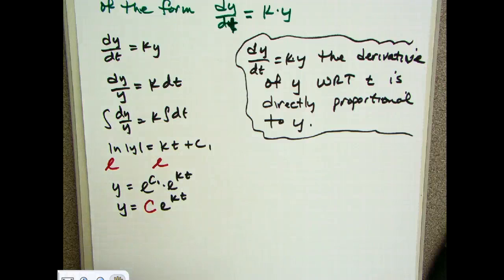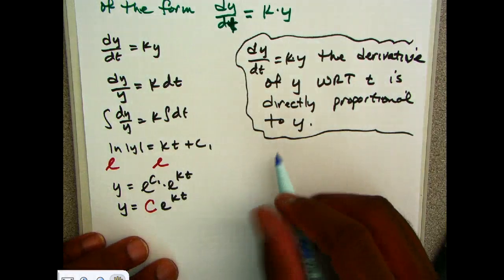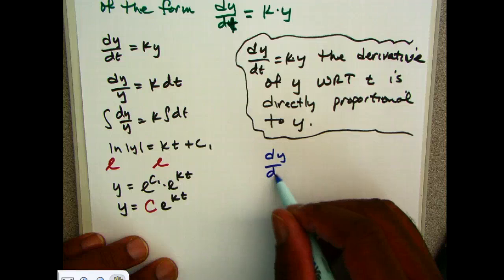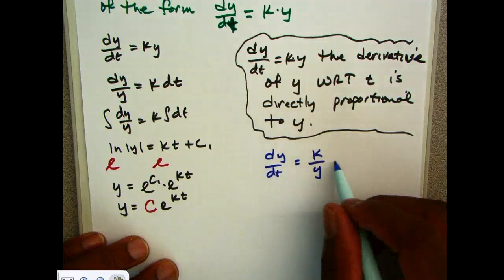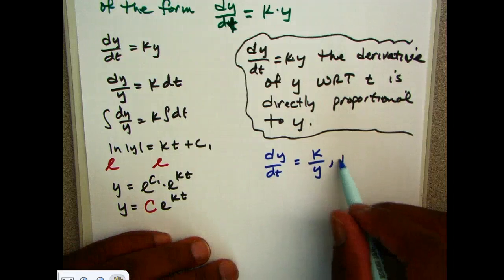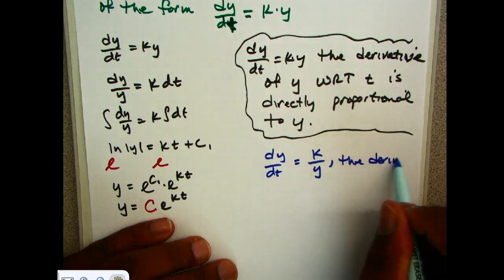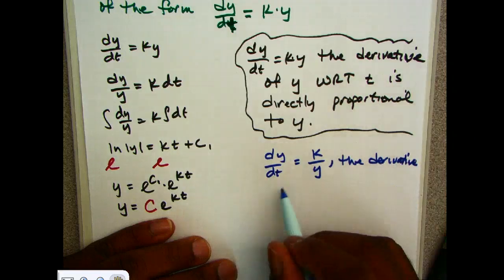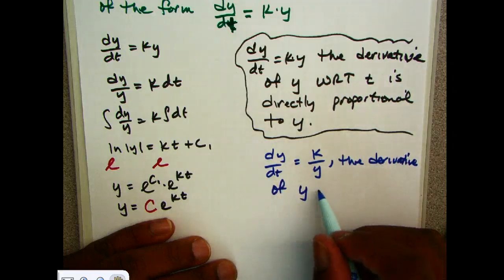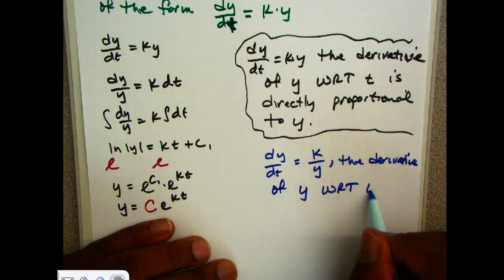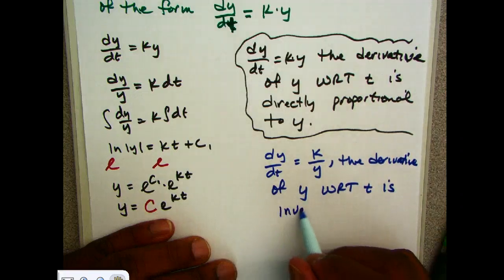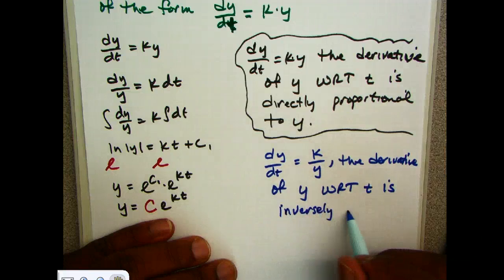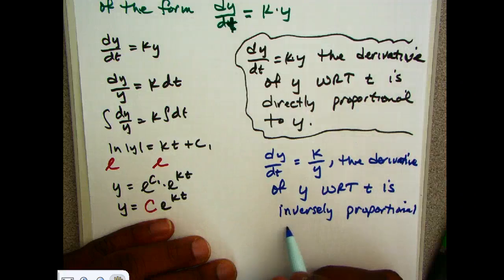Whereas if you were given the differential equation dy/dt is equal to k divided by y, this means that the derivative of y with respect to t is inversely proportional to y.